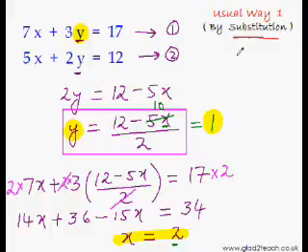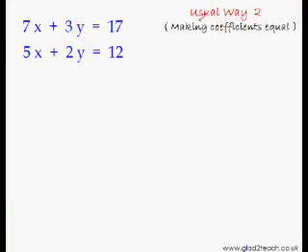So tell me honestly, how did you find it? Did you say long and complicated? Okay, so now let me show you the second usual way. I'm sure you'll find that much better. The second usual way, as you know, is elimination by making the coefficients equal.